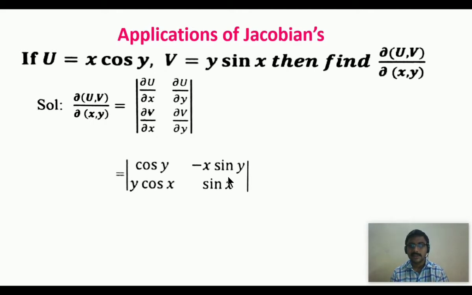We know that the determinant of a, b, c, d is ad minus bc. Like that, cos y into sin x is sin x cos y, minus into minus plus, ad minus bc: x sin y into y cos x, that is xy cos x sin y. So it is the value of ∂(u,v)/∂(x,y). It is the Jacobian of u, v with respect to x and y.